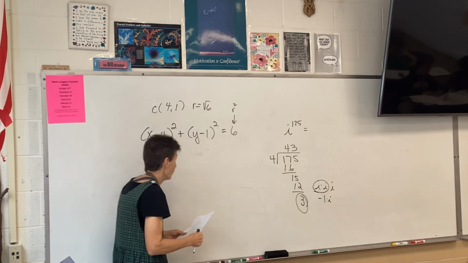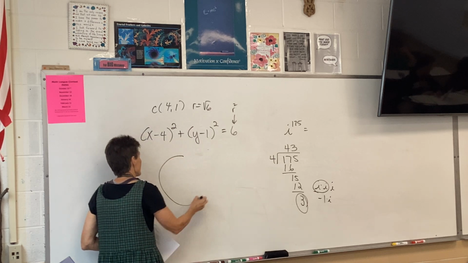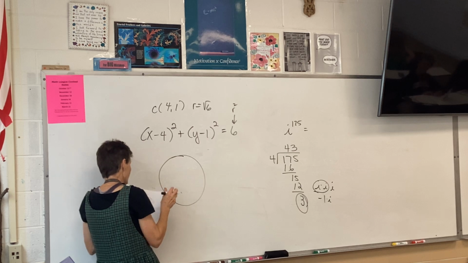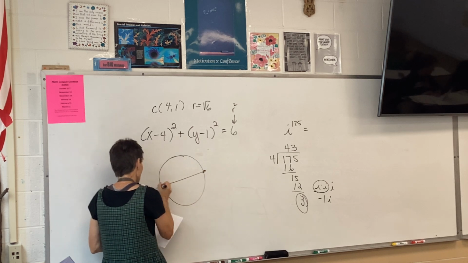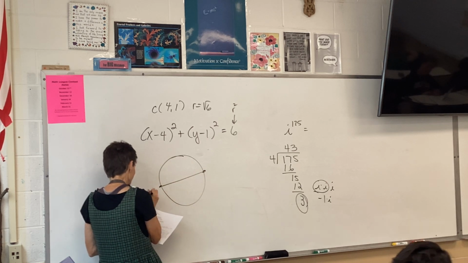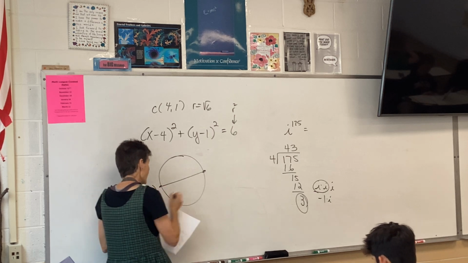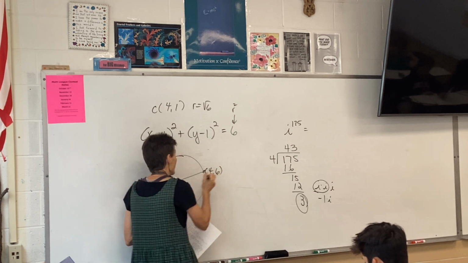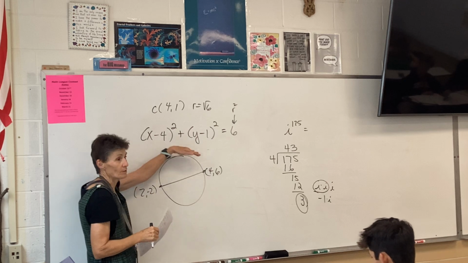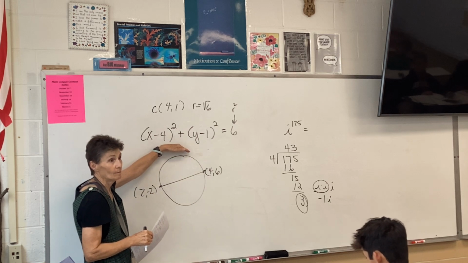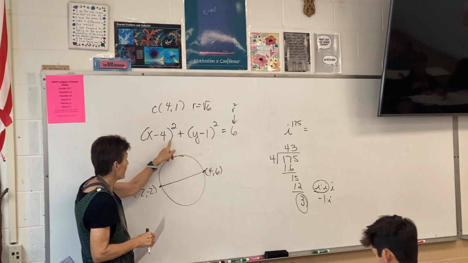Same thing, only this time I don't know as much. This time, all I know is that my diameter has endpoints here. So I am going to come up with an equation that looks like this. But what do I need to know?